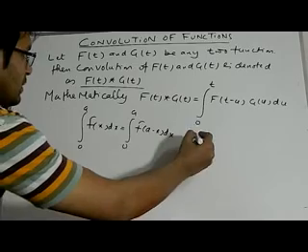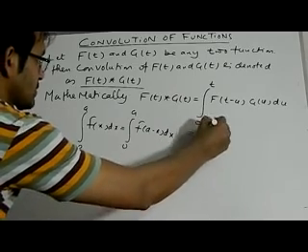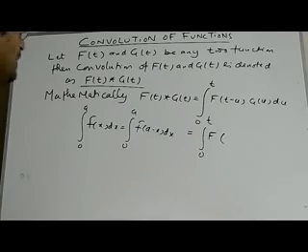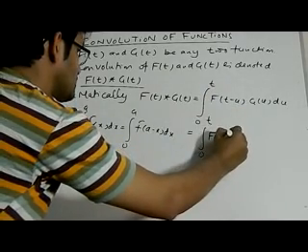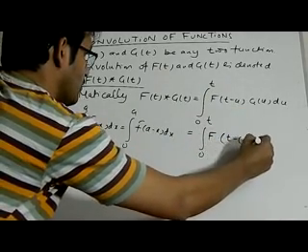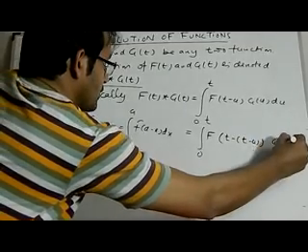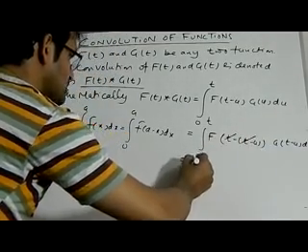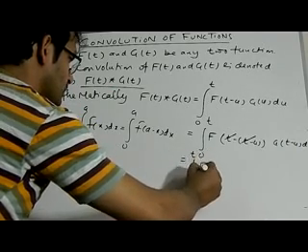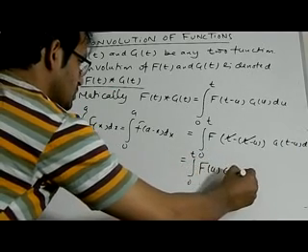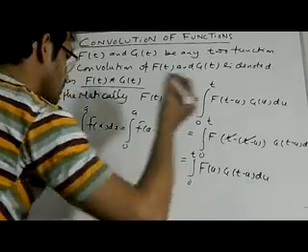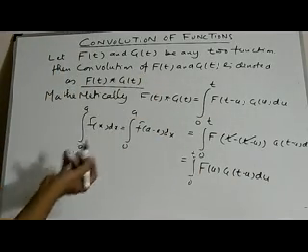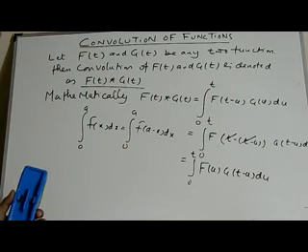So therefore I can write this as the integral from 0 to t of f(u) g(t minus u) du, where the t gets cancelled. So this is the way of defining the convolution of two functions.